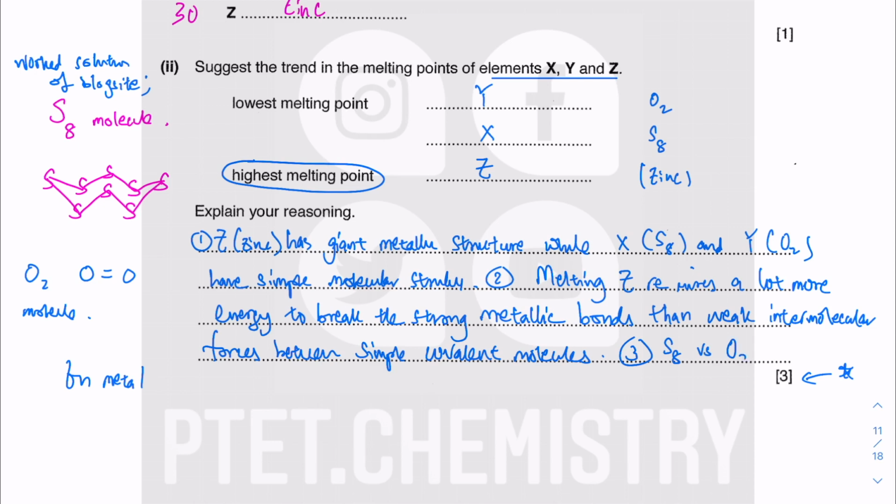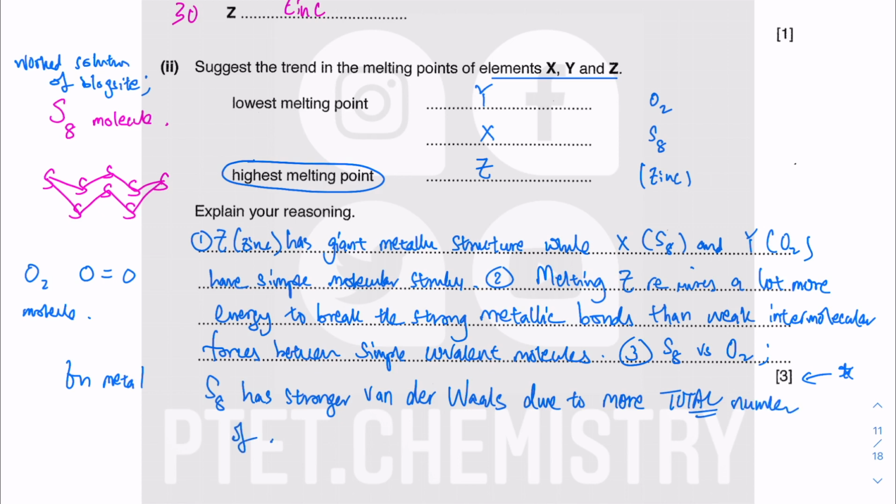S8 versus O2, S8 has stronger intermolecular forces. In fact, I can say it has stronger van der Waals, and van der Waals come down to total number of electrons, due to more total number of electrons in the molecule than O2.